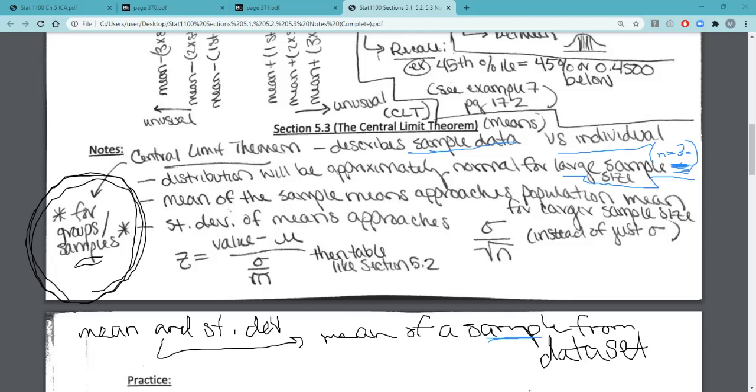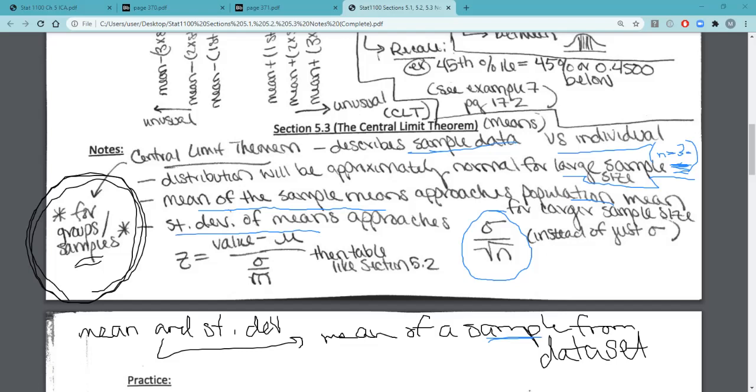We can also say that the mean of the sample means approaches the population mean, and we do come back to this more later in the course. And we can say the standard deviation approaches this value. I want to talk about a couple different ways to notate things as we go through section 5.2 and 5.3, because as we move forward, I'm going to want to use these symbols instead of writing out the word every single time.